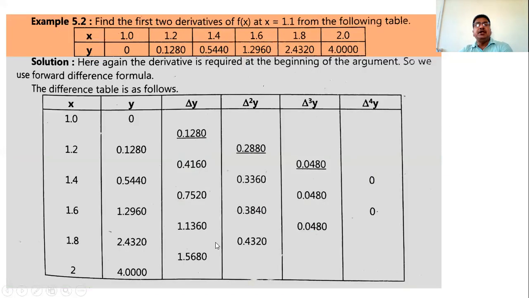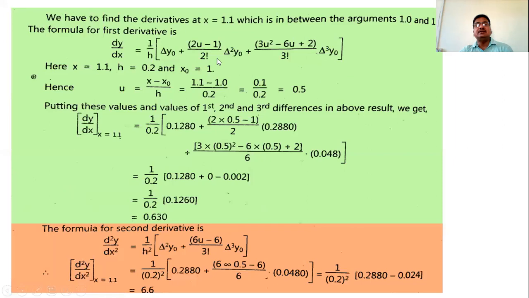But if the point is not given in the table, the point 1.1 is not in the table, it is in the range of the values of x, and in this case write the general formula and find u using x minus x naught by h, and it is 0.5. Then put all these values in this formula, that is dy by dx at x equal to 1.1 is equal to 1 by h, that is 0.2, in bracket delta y naught.